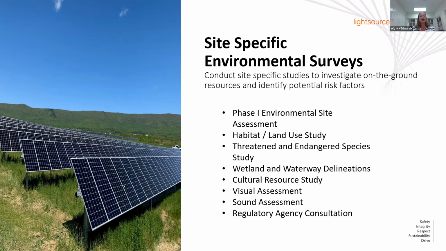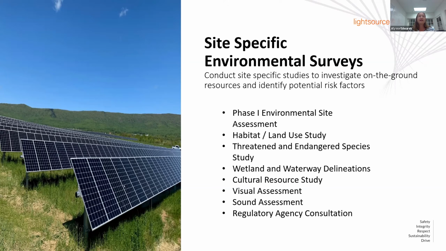If there are, you need to have the appropriate setbacks and conduct your construction activities within the proper season. If the publicly available data showed the potential presence of threatened or endangered species, we need to do an on-the-ground study there.